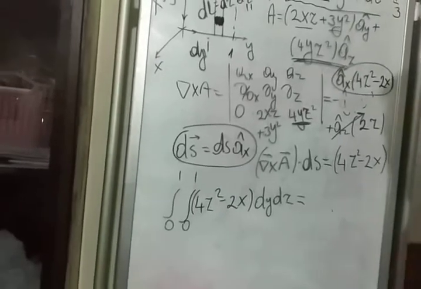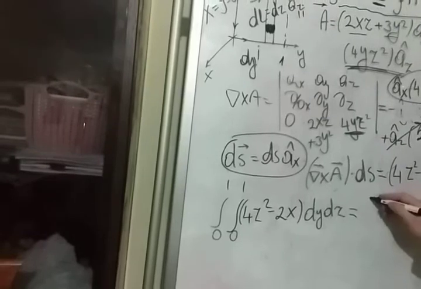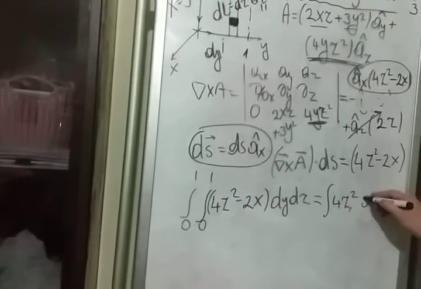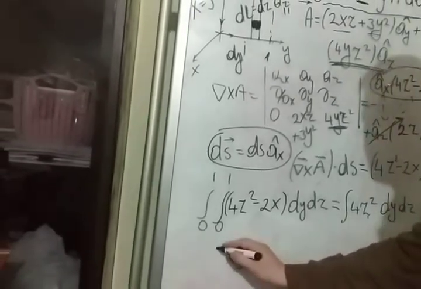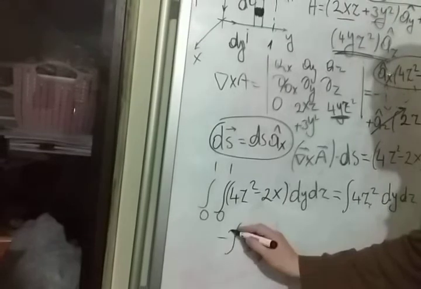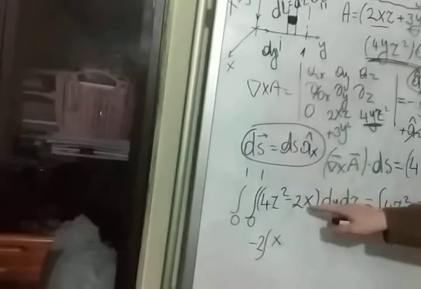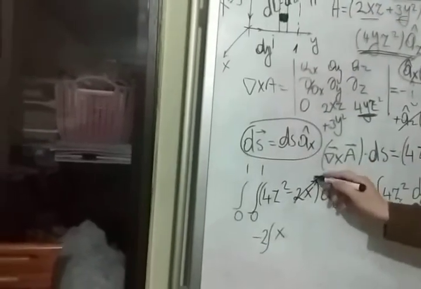So I think this part will be more straightforward than the rest. So we integrate the 4z squared dy dz, minus the integral, let's take the 2 out, x. Actually, x over the whole integral is 0, so probably right away we can make this 0.